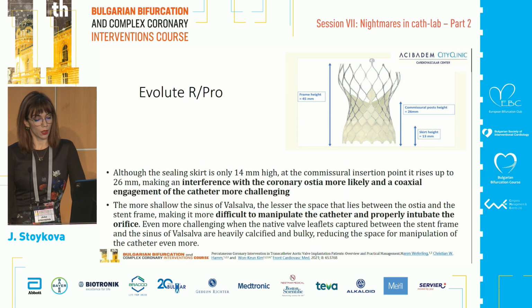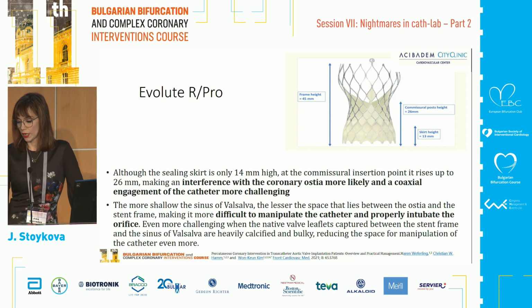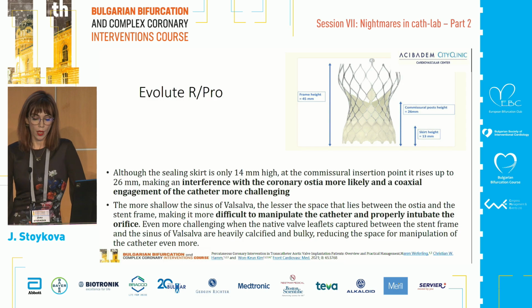So even in higher implantation, where we have, let's say, below 6 millimeters protruding in the left ventricle, we have some interference with the coronary ostia.